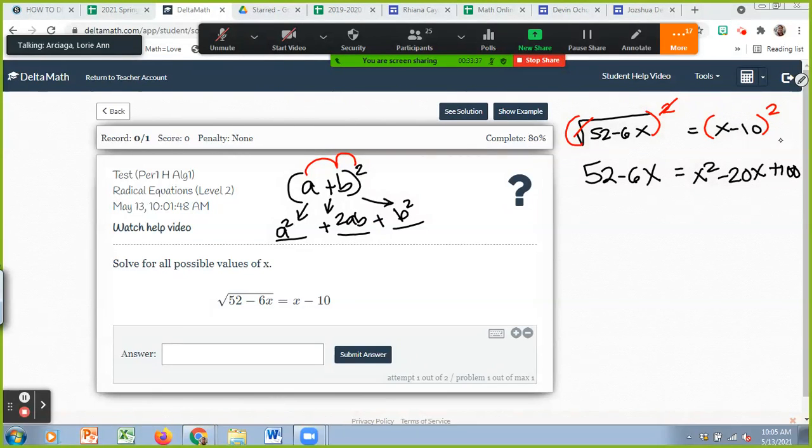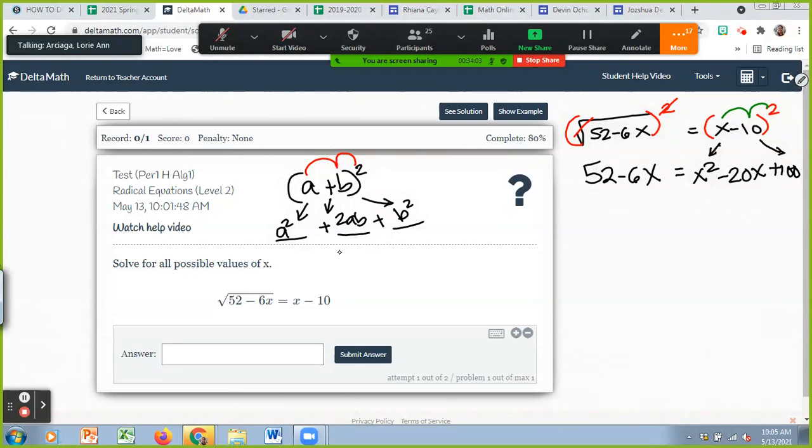So if you use that, this is Brian's x squared, this is Brian's 10 squared, change it to positive, because negative 10 times negative 10 is positive 100, right? If that's negative, this is negative, and then now you do your McDonald's. 2 times 10 is 20, 20 times x is 20x.